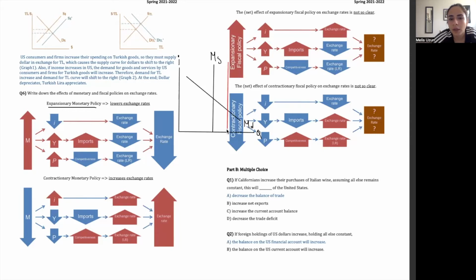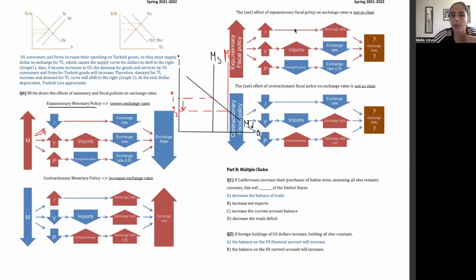The new money supply curve is this one. Before the policy, the interest rate was this, and after the policy, the interest rate is this. So as you see, the interest rate decreases.